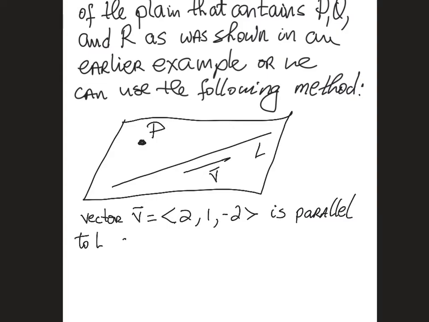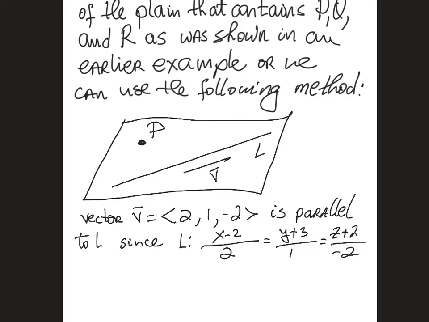And that's because from the symmetric equation of the line, x minus 2 divided by 2, y plus 3 over 1 equals z plus 2 over negative 2, it's the denominators, 2, 1, negative 2, that are the components of a vector parallel to the line.